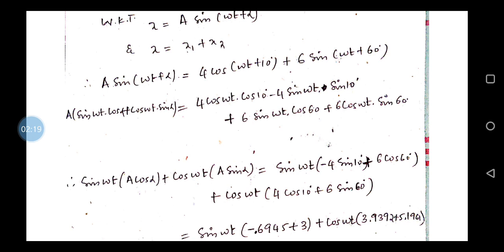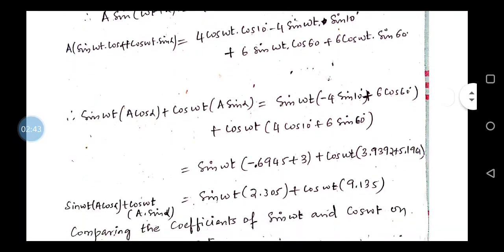I am expanding it as 4 cos omega t into cos 10 degrees minus 4 sine omega t into sin 10 degrees, plus 6 sine(omega t plus 60 degrees), once again expanding as sine(a plus b). So it becomes 6 sine omega t into cos 60 degrees plus 6 cos omega t into sine 60 degrees.